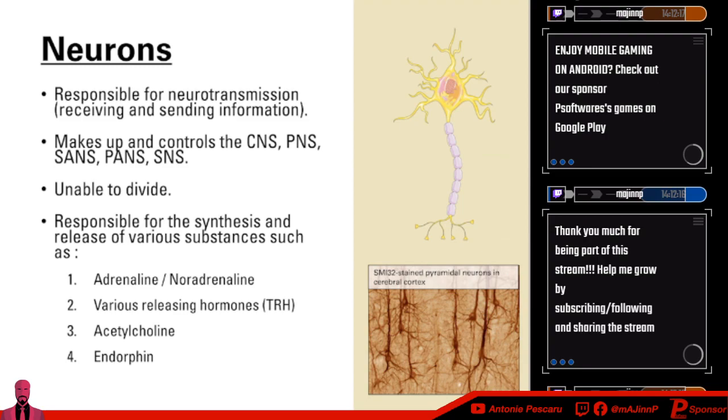You can find them in the central nervous system, the peripheral nervous system, the sympathetic autonomic nervous system, the parasympathetic autonomic nervous system, and the somatic nervous system. They're found pretty much everywhere. And I can't stress this enough: they're unable to divide once they reach maturity.